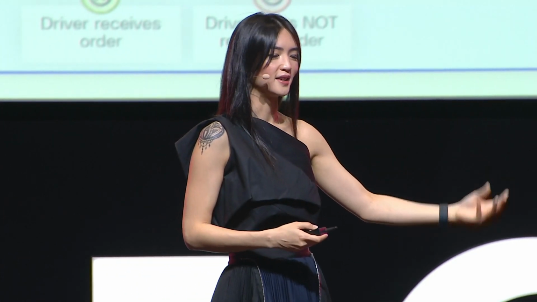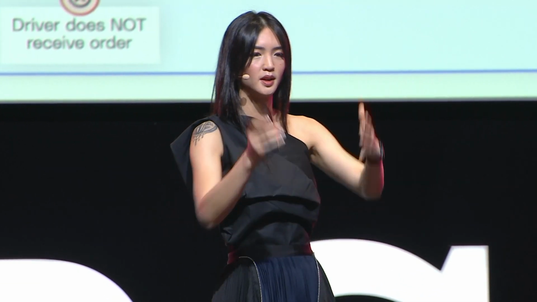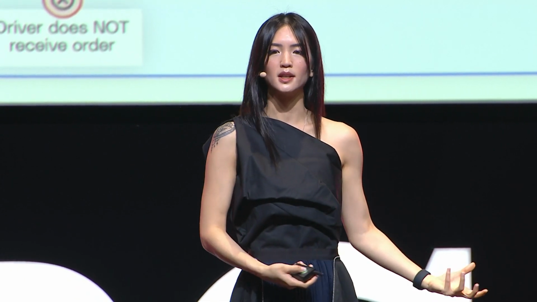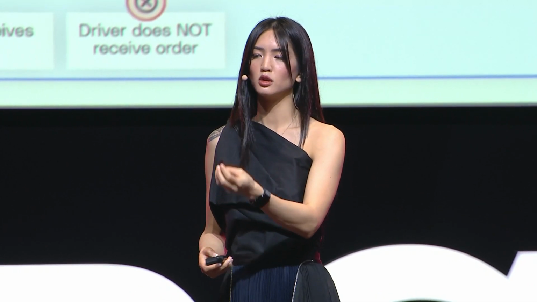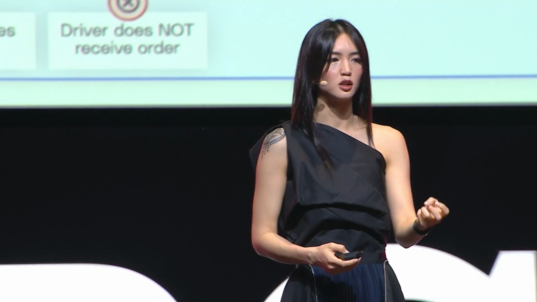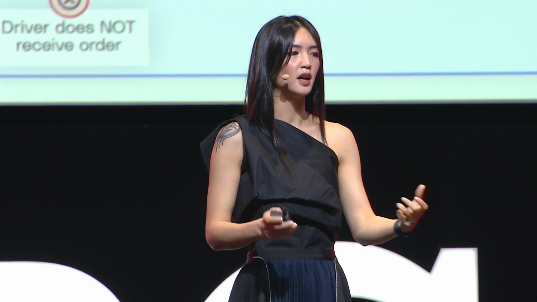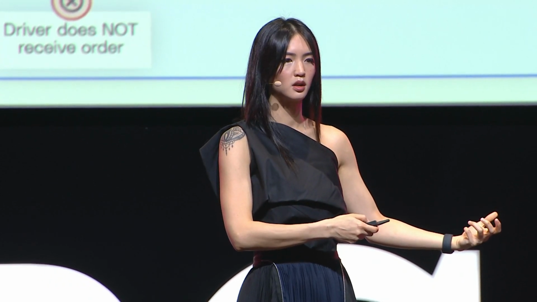Well, a customer has to be picked up successfully, which implies that the driver did not cancel the order, and the customer did not cancel the order, which implies that the driver reached the customer at some point, which implies that the driver accepted the order, which implies that the driver received the order. Breaking this down, you can go down as many steps as possible. But now we have a sense of what are all the mutually exclusive and collectively exhaustive components that add up to the metric that we have calculated.